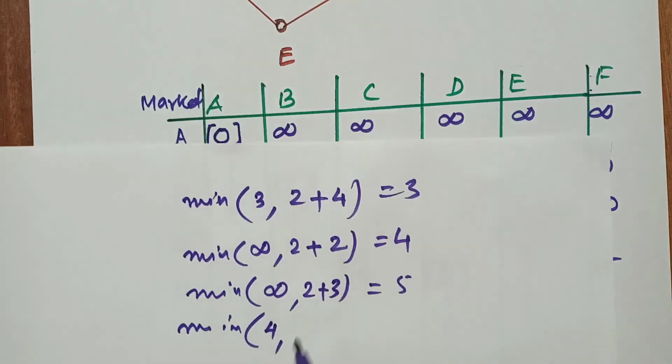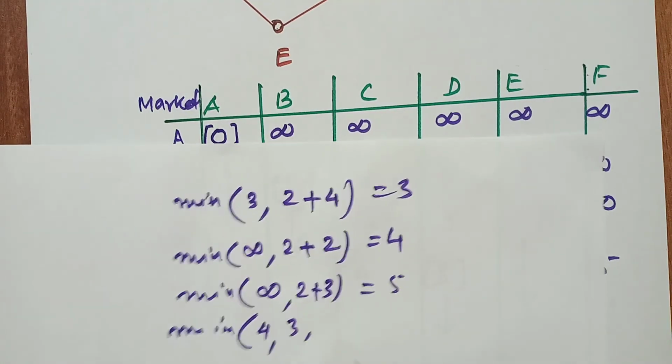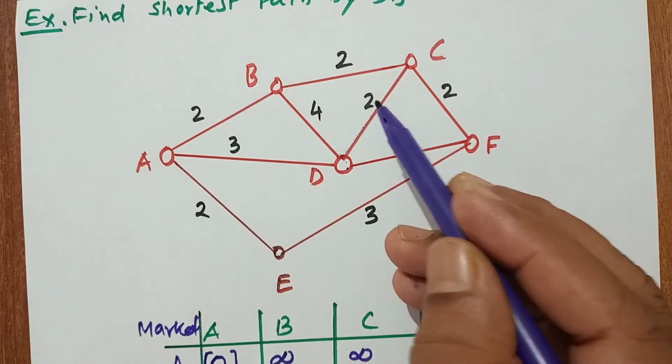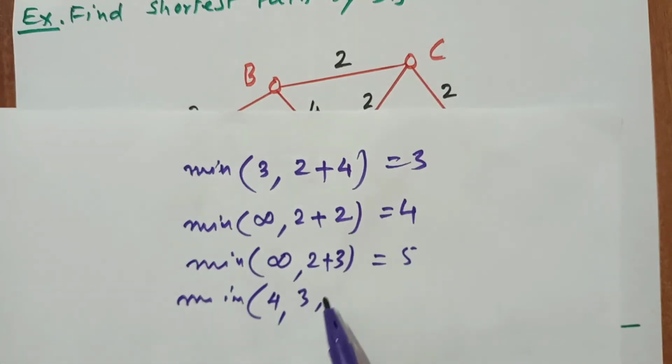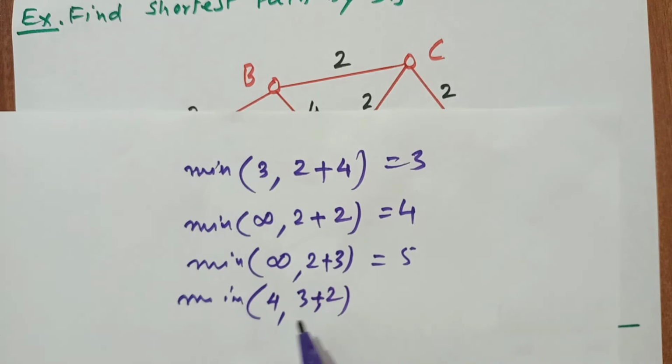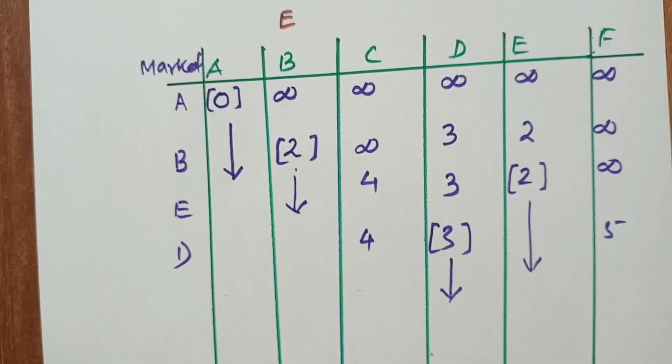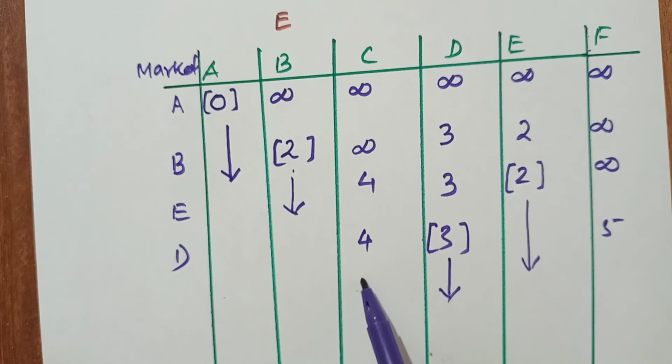What is the weight? D to C is 2. So you write 3 plus 2. So 4 and 5, the minimum of 4 and 5 is 4. So we will write below C, 4.